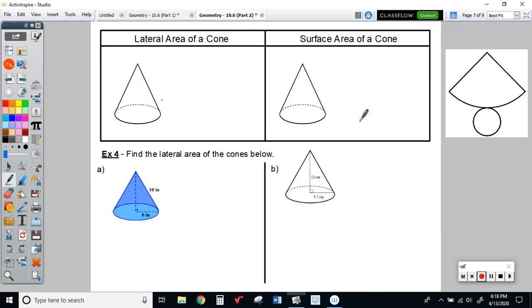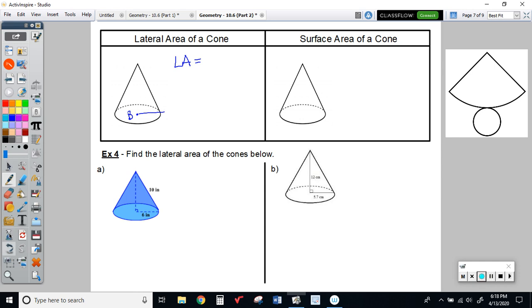So let's take a look, though, at cones now at this point. They're essentially the same idea as pyramids, just like cylinders are the same idea as prisms, but you're just applying the formula in a circular sort of way, or you're thinking of perimeter as circumference instead. So if I think of this lateral area of a cone, I'm thinking of around it, not including this base.